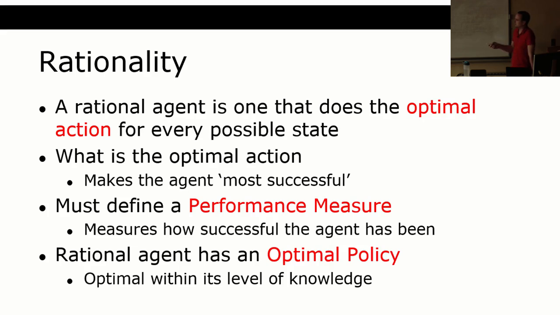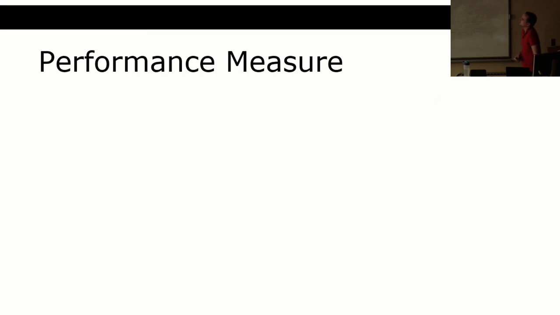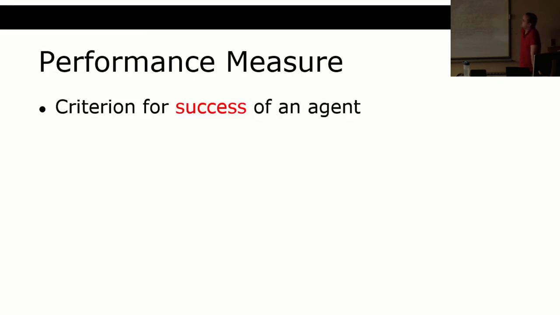Okay, so that's really important. A rational agent does what's best given what it knows, right? But for example, it doesn't know the outcome of a dice roll or something like that. I'll get into that in a little bit. Performance measure is the criteria for success of an agent.